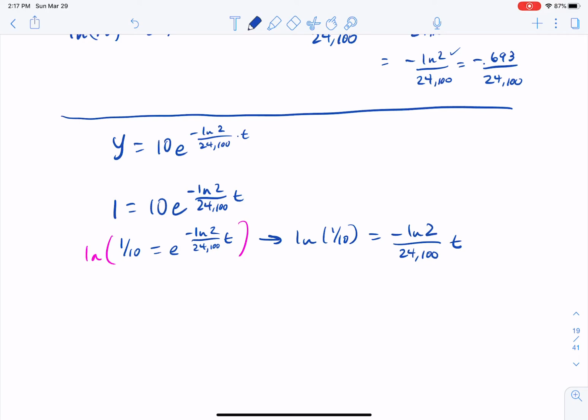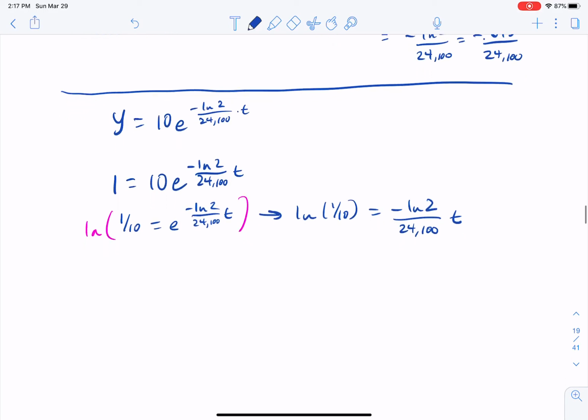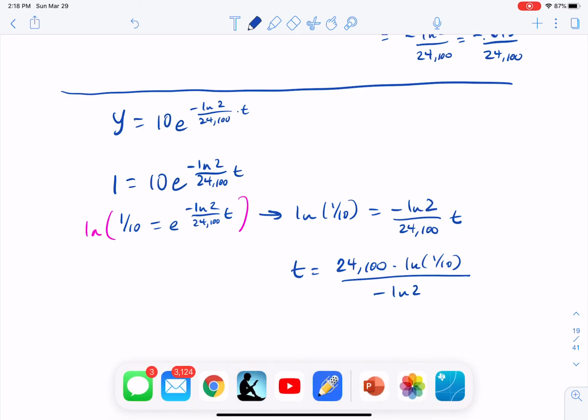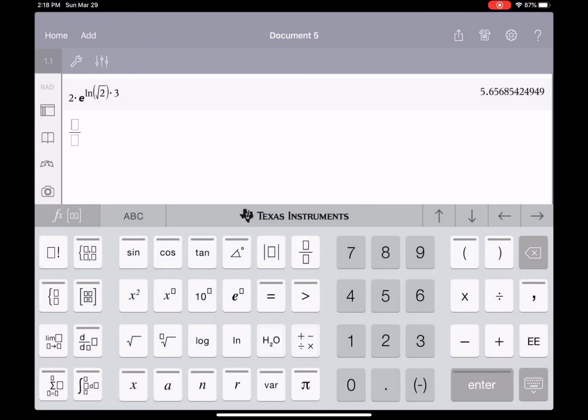So I'm going to multiply the 24,100 up to the top and divide that negative natural log of 2 down to the bottom. So t should be equal to 24,100 times the natural log of 1/10 over negative the natural log of 2, which maybe you could just do in your head, or you pull up a calculator.